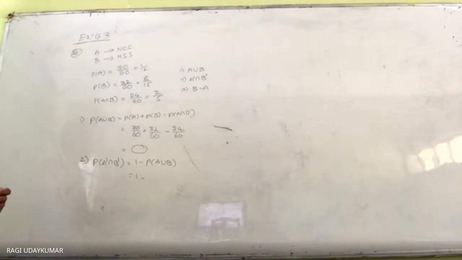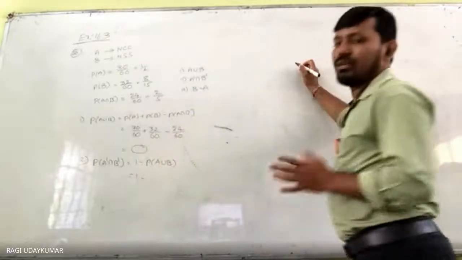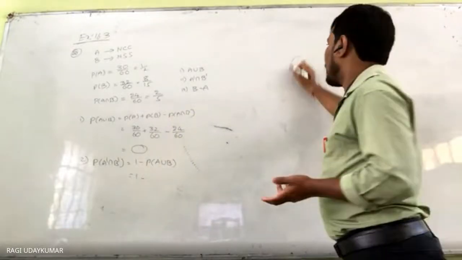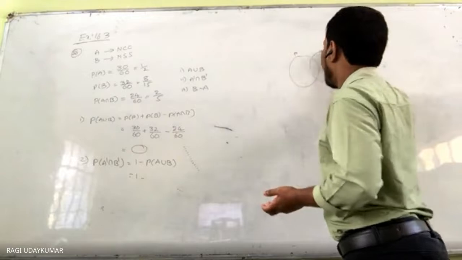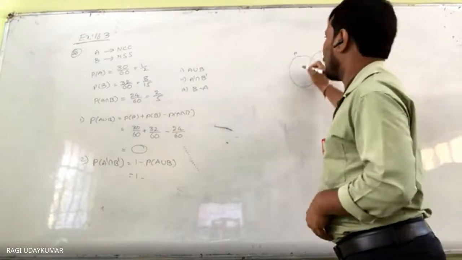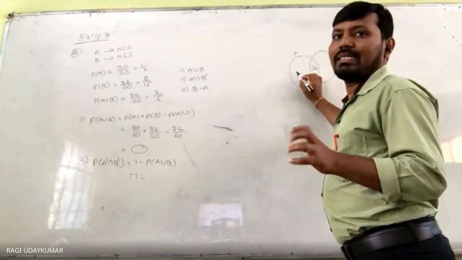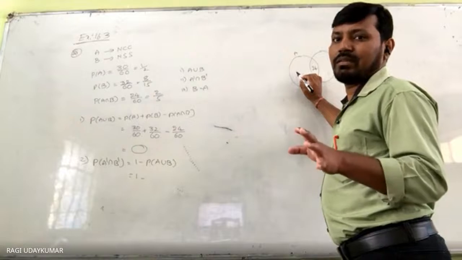Now B minus A, unit 2. For B minus A, normally a Venn diagram can also be considered to understand it easily. So A and B both together is 24. A is 30, the number of students who take A, meaning NCC.